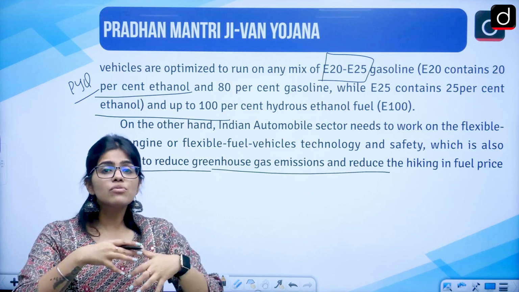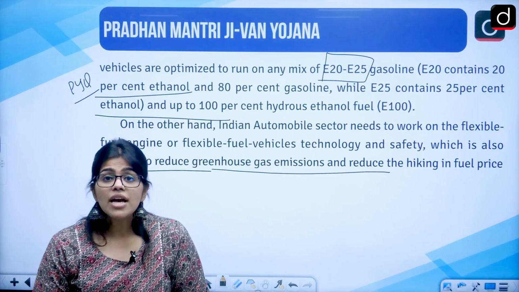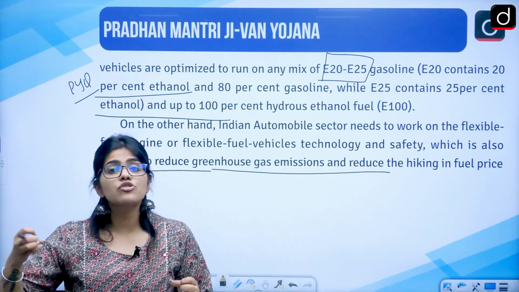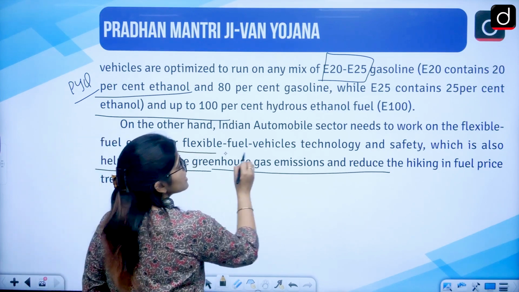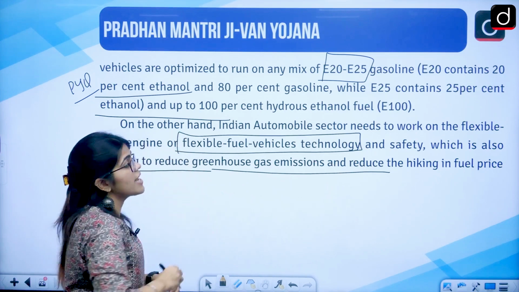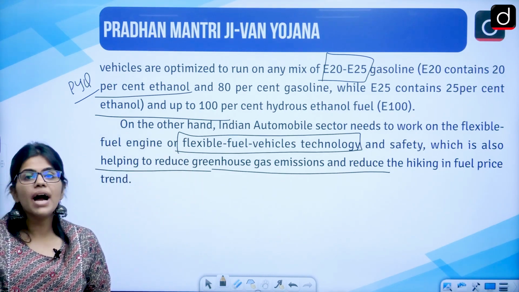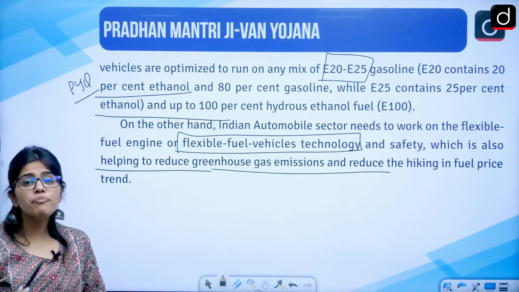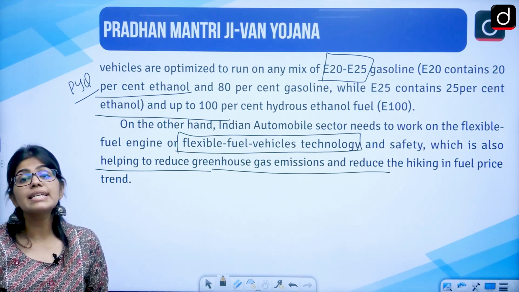Whatever rules and regulations we have been laying and whatever policies we are making, they all suggest that we should now shift towards electric vehicles, and this is only possible if we focus on flex fuel vehicle technology also, right? Because we are lacking somewhere, behind when it comes to the technology part also. Also, a lot of petroleum is being imported, which can increase the cost.